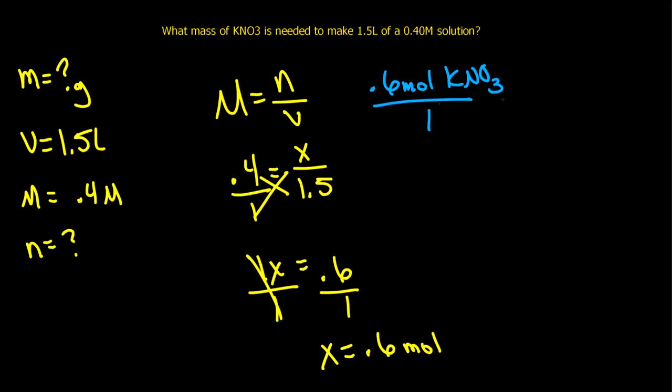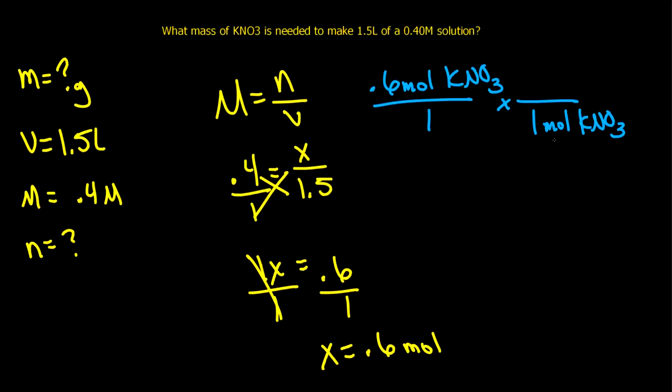So let's put that over 1. I need to change moles to grams. So 1 mole of KNO3 is how many grams? Well, oxygen, 16 grams, and there's 3 of them, so that's 48 grams. Plus 14 for nitrogen, plus 39 for potassium.